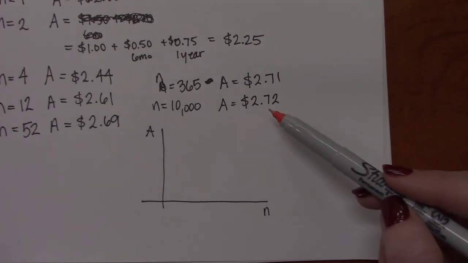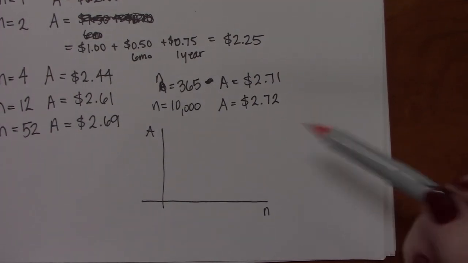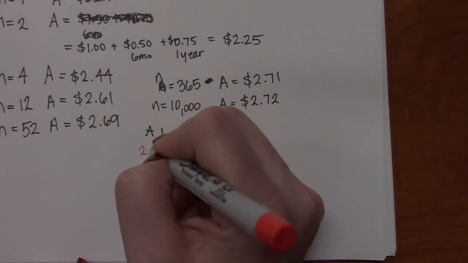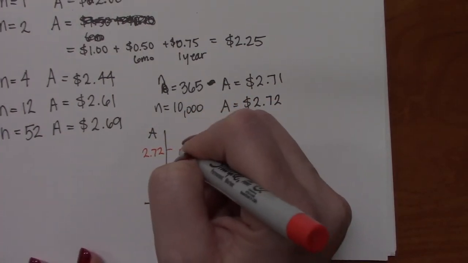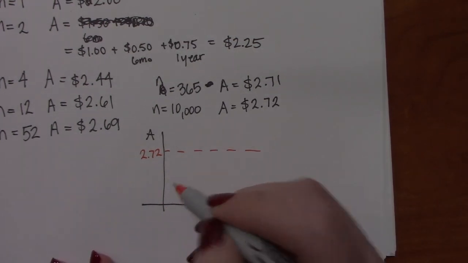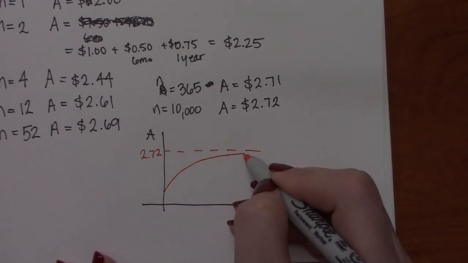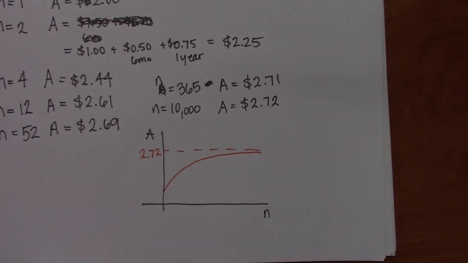So I would say we're hitting the upper limit of what we can make on this account. If you look at $2.72, this looks something like this. We started with $1, and the amount of money is increasing, but it's increasing by less and less, so it's going to cap out.